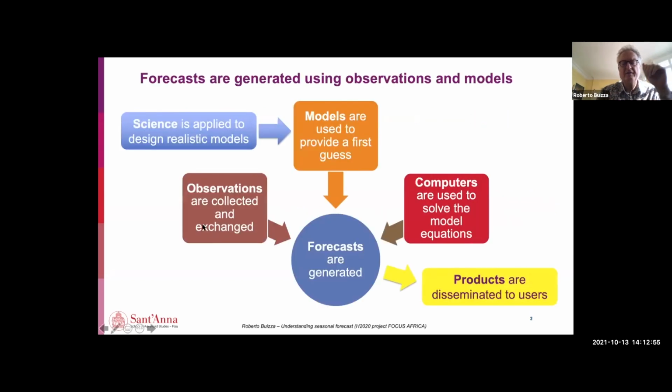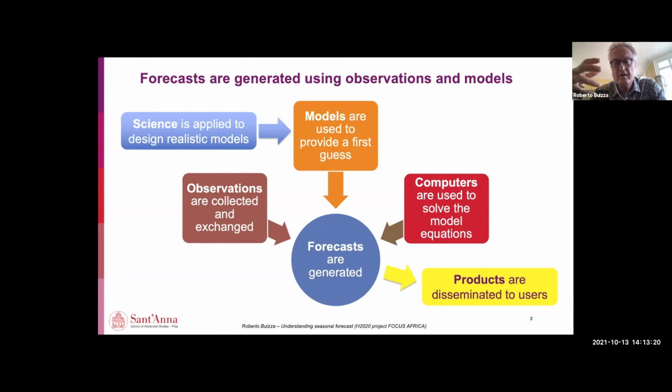Okay, how are these forecasts made? There are a set of ingredients, 4 main ingredients. The first ingredient is science. So we scientists study the physics of the atmosphere, of the ocean, of the land, and we try to design models that simulate what's happening. For example, we try to simulate how clouds are formed.